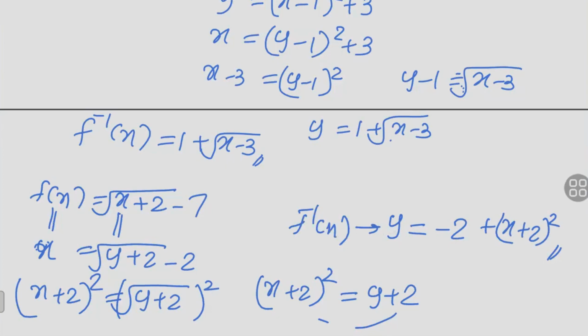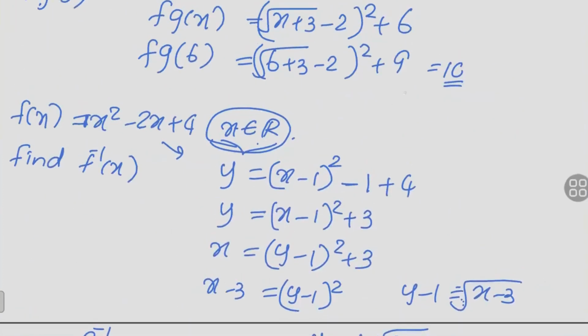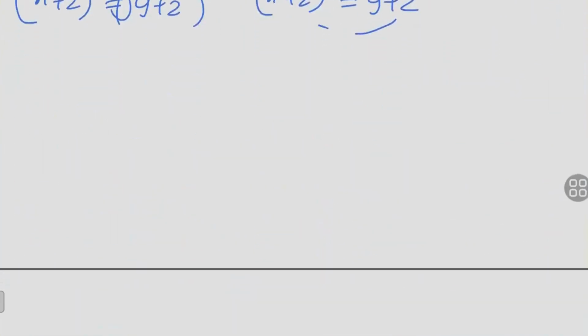In the function lesson, you should know what a function is and what an inverse function is. Then we did composite functions and how to find the inverse function. And then you should know how to draw the graph of a function and its inverse function both, right? If you draw the function and inverse function on the same grid, there is only one relationship between these two.